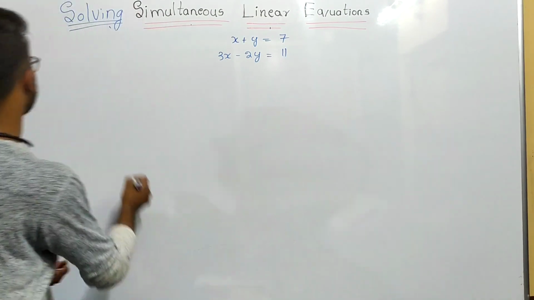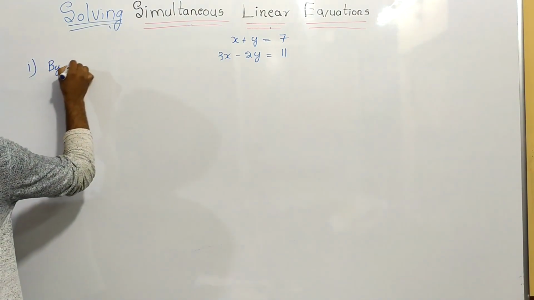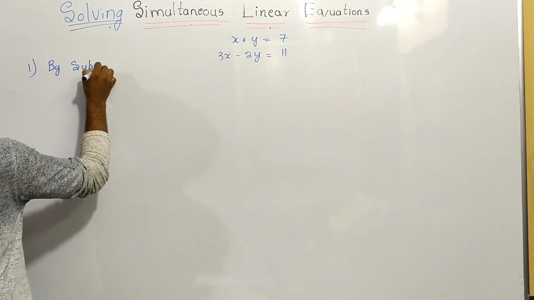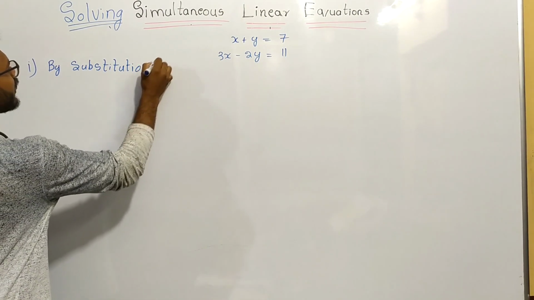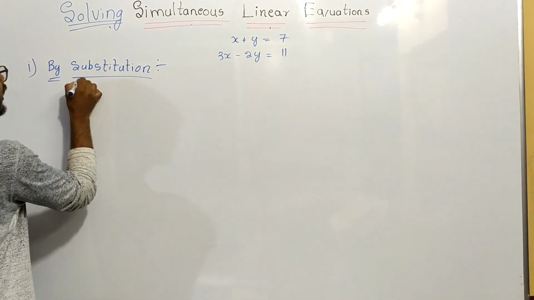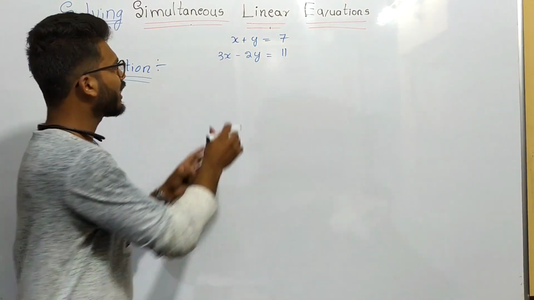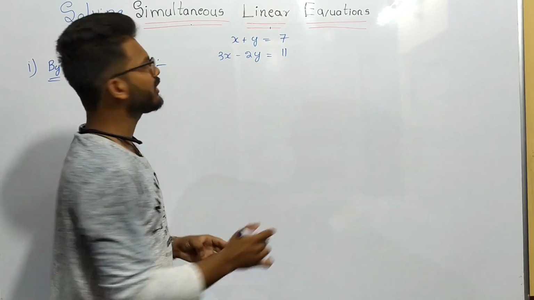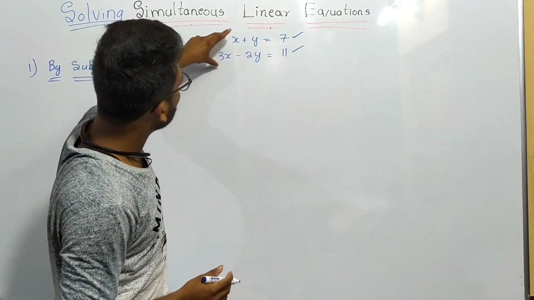The first method is elimination by substitution. As the name itself says, you have to substitute the values of x and y. Simultaneous means these two variables satisfy both the equations.